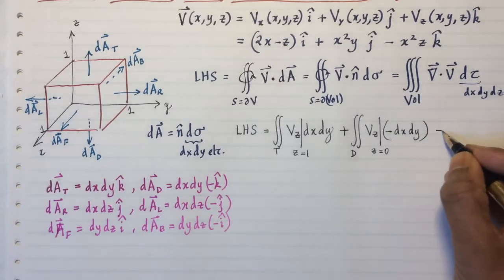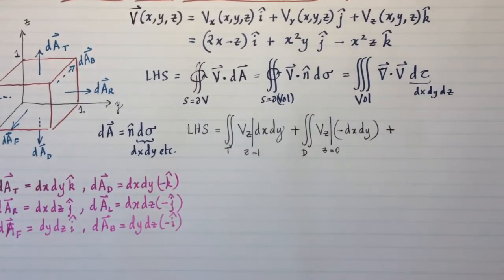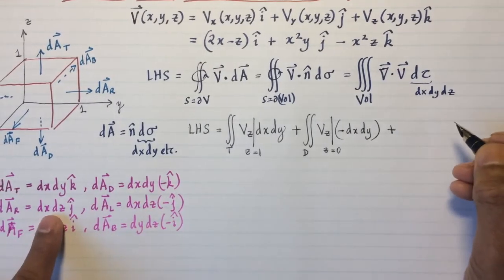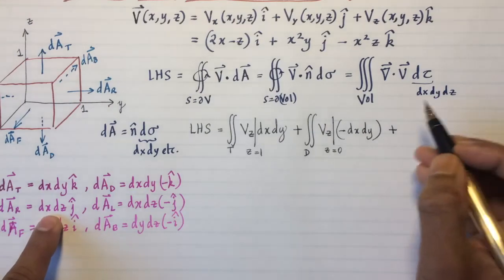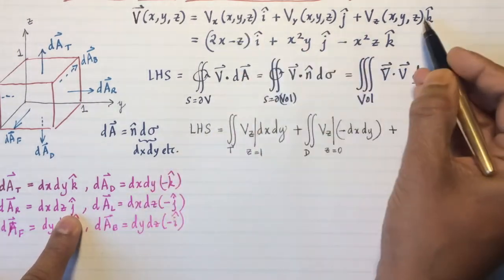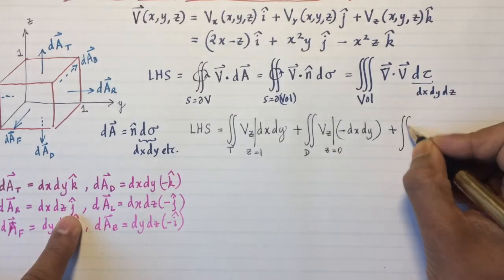We'll proceed like this to write the others. Let's go exactly like this. So I'll go first with right. Right will only pick up the j hat component, so it won't pick up either this or that. So I'll write that next.